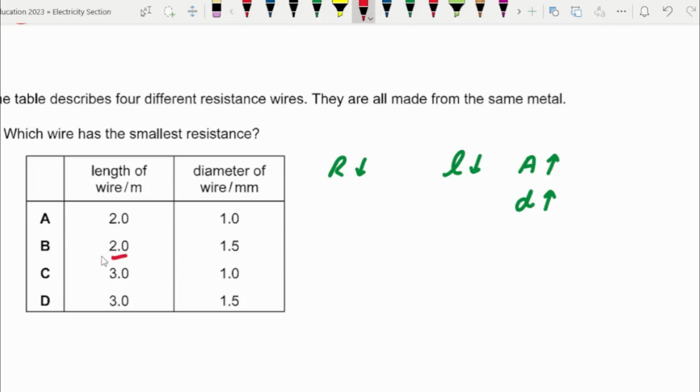Here we have the smallest length, and here we have the greatest area of cross section or the greatest diameter, B, because what we needed was smallest resistance, and in order to have the smallest resistance, you have to choose from the smallest length, so that spares us from the option C and D. But at the same time, we have to choose from the greatest diameter or the greatest area of cross section.